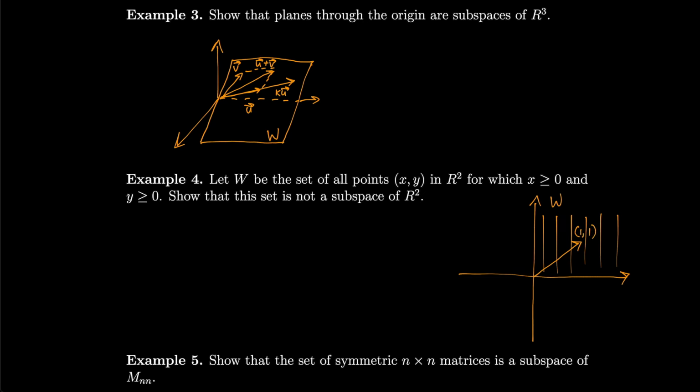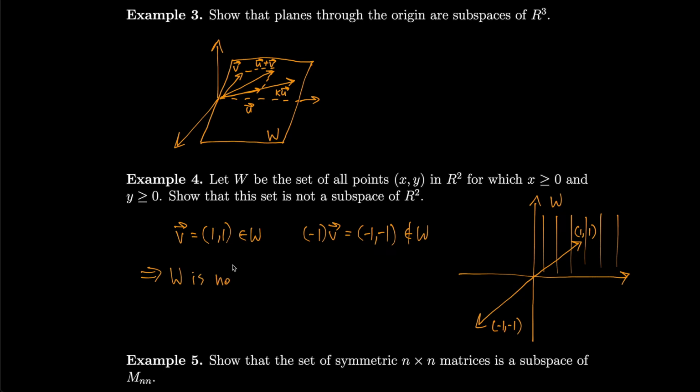Then notice if I scale that by -1, then I get the (-1, -1) vector, which is not in W. So more concretely, if we have v equals (1, 1), that's in W, and -1 times v is (-1, -1), not in W. So therefore, W is not closed under scalar multiplication. So it's a subset, but not a subspace.